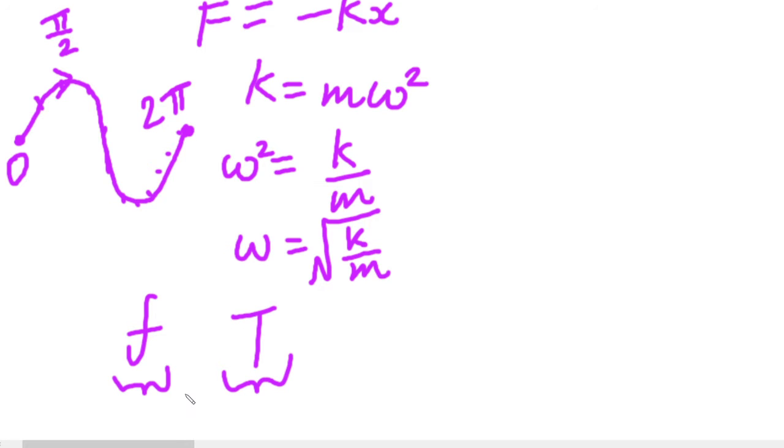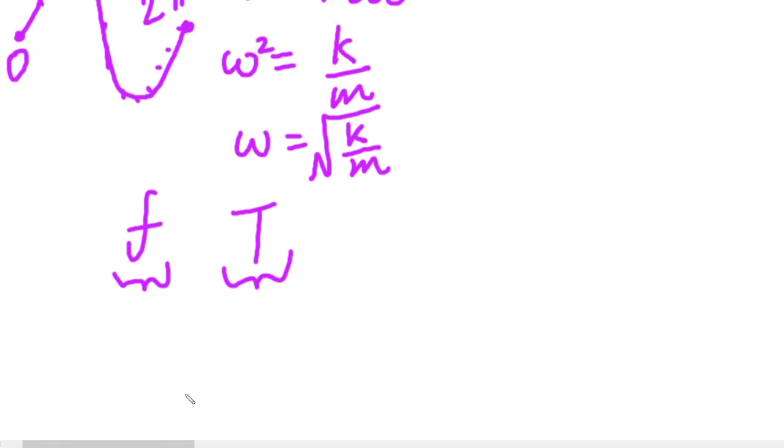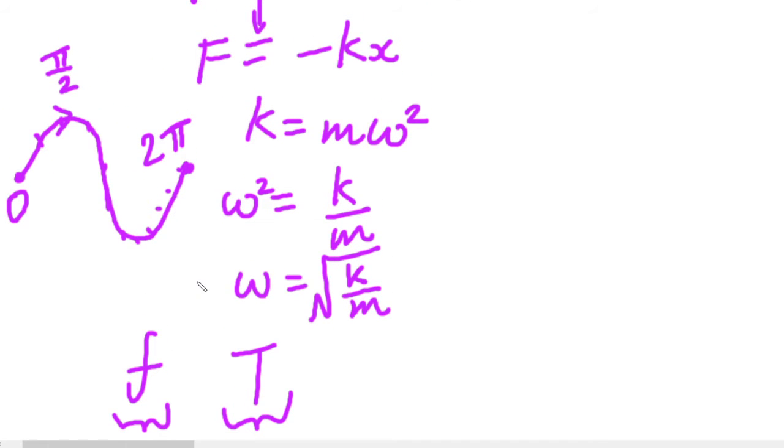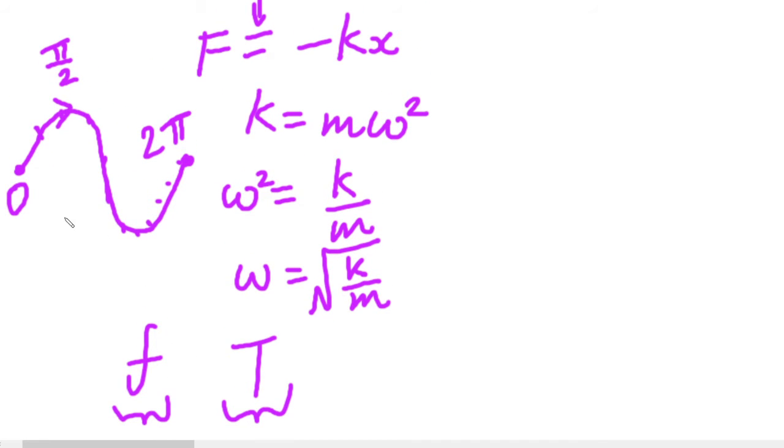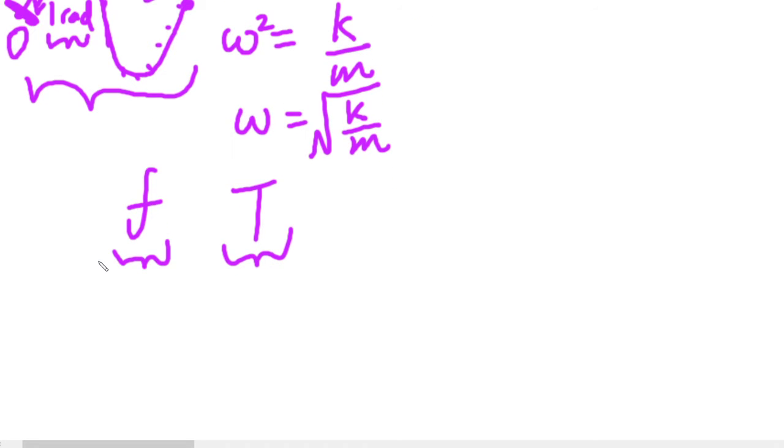So first, let's think about the frequency, because this is more simply related to the angular velocity. If the angular velocity describes how many radians of the sine wave we go through each second, whereas frequency says how many of the entire sine wave unit, how many of the entire 2 pi radians, we go through every second.